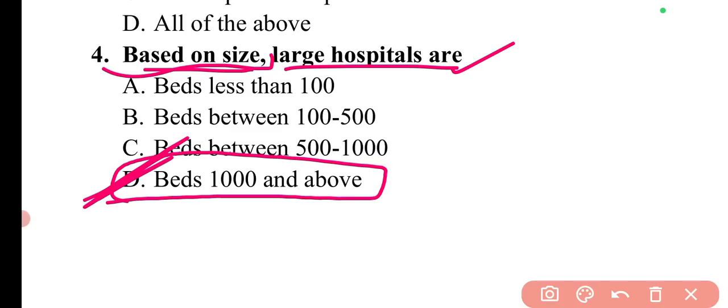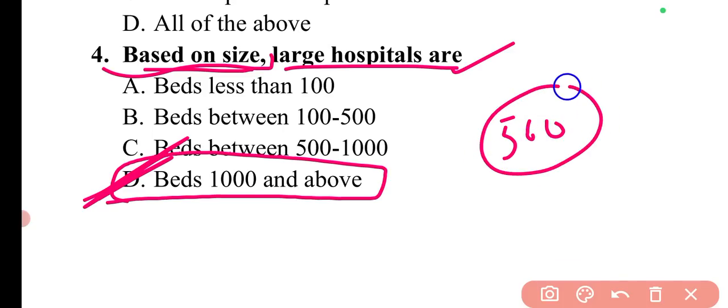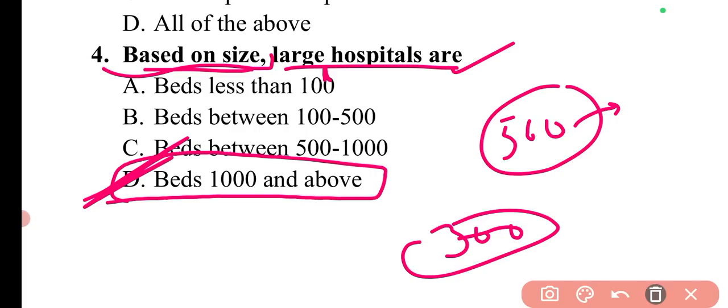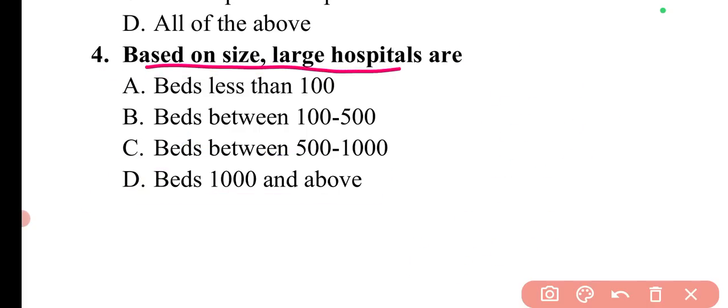So based on size, very different data is given in different books. Somewhere it is given like more than 500 beds are large hospitals. Somewhere it is given more than 300.